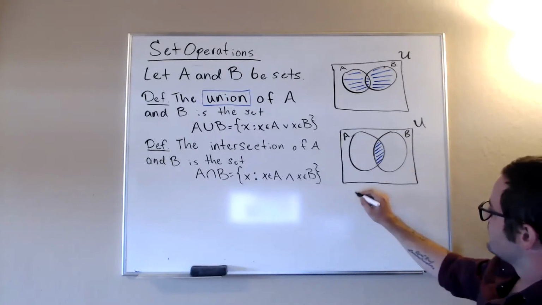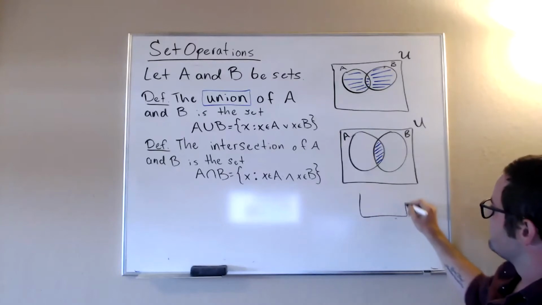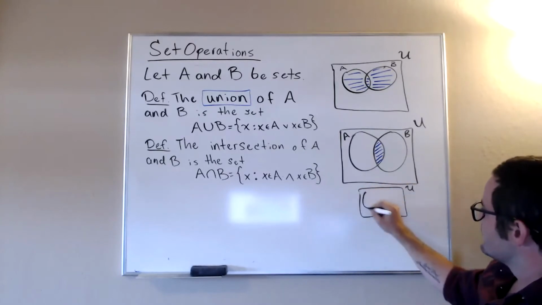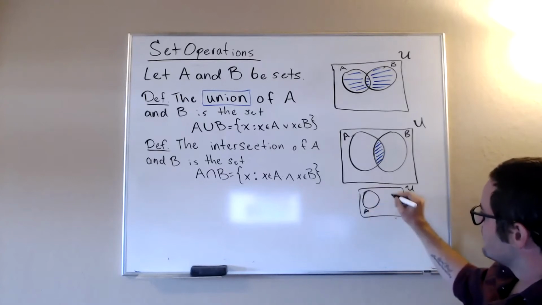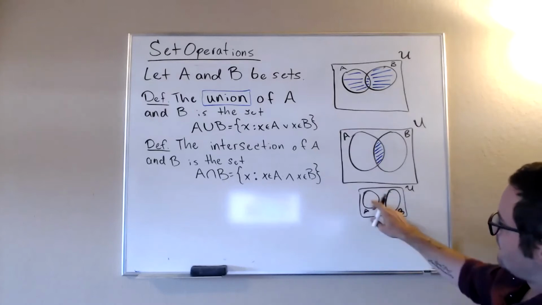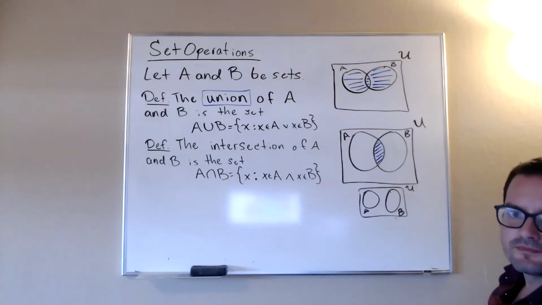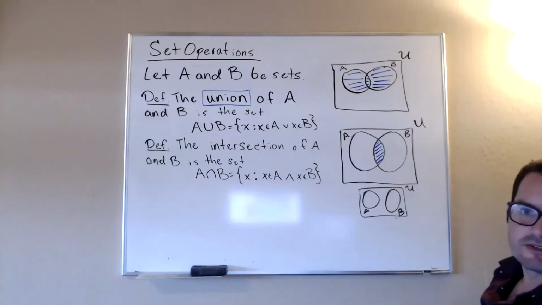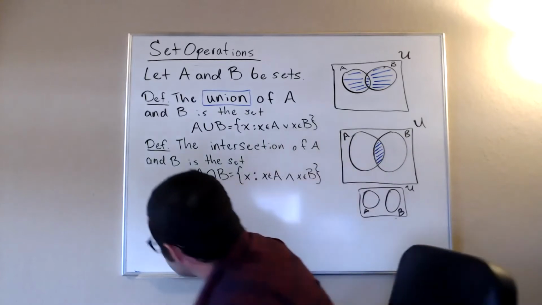However, there is another case where, suppose this is your universal set U, and here's A, and here's B. The two sets do not have to share anything in common, right? So in this case, the intersection is going to be the empty set, the set containing no elements.